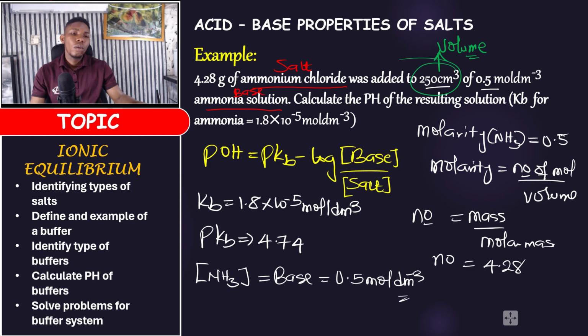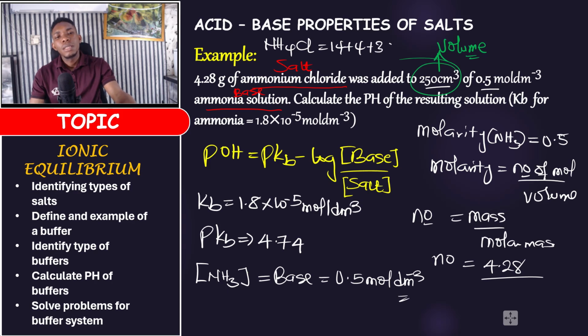So what was the mass of ammonium chloride given? 4.28. What is the molar mass of ammonium chloride? Ammonium chloride is NH4Cl. Nitrogen is 14, hydrogen is 1 times 4, which is 4 here. Chlorine is 35.5. 14 plus 4 is 18, plus 35.5 is 53.5. Are you sure? Yes, 53.5.